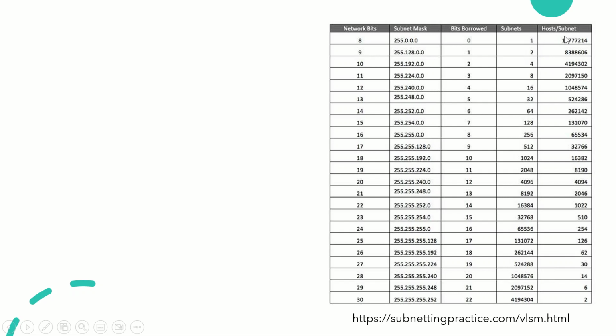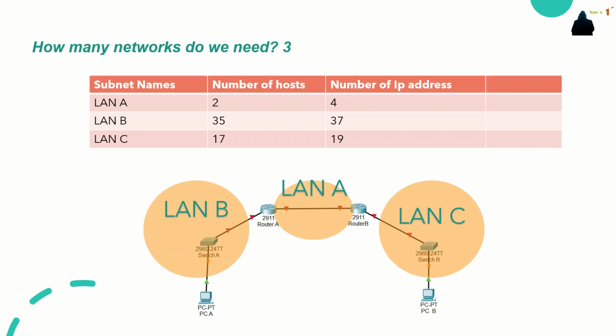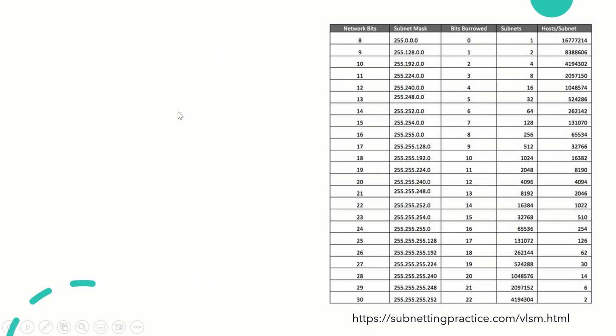After that, we can calculate it. But you should start with the highest number of hosts. LAN B is the first, LAN C is the second, and LAN A is the third.